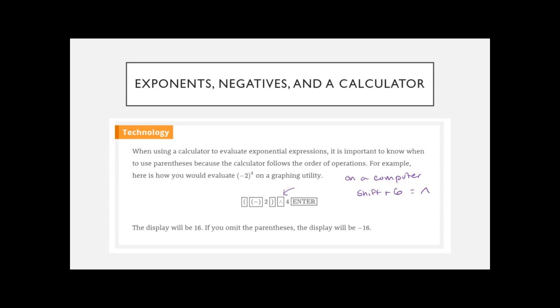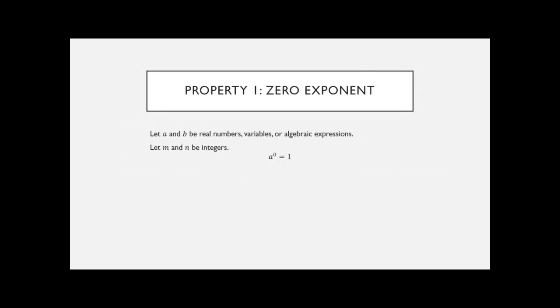So parentheses matter. You should always have parentheses around a negative number whenever you're working on your calculator, just to make sure that you're telling the calculator to do the correct thing. So just a side note about that and how you would put it in a calculator. Just good practice: if you've got negatives, put a parenthesis.